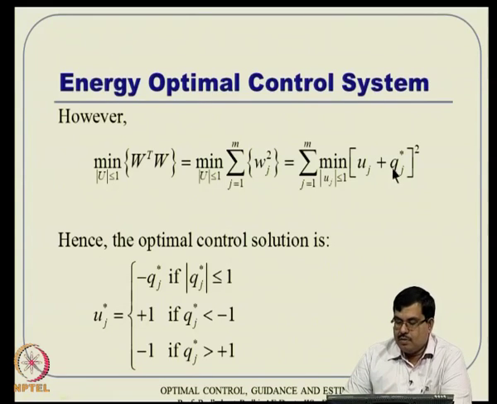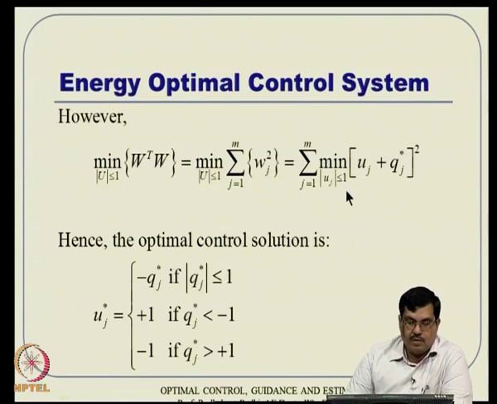If it is minus 4, the summation will be minus 3; that is the best we can do, so we just leave it there. Similarly, if Qj star is greater than plus 1, we just take Uj as minus 1. That is the control formula that we will end up with. As a remark, we see here that even for a linear system, we end up with a nonlinear controller.